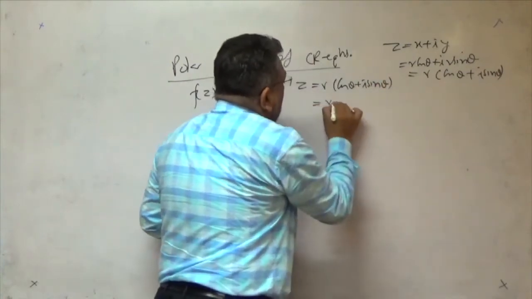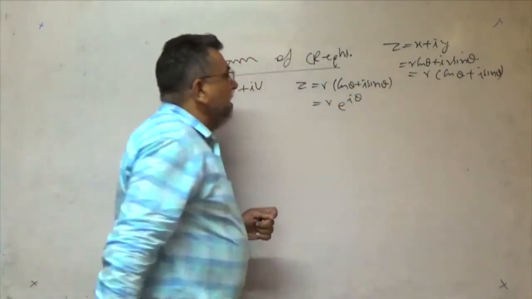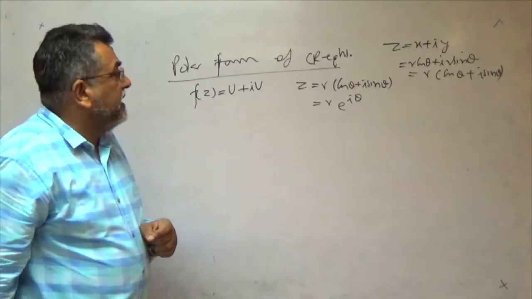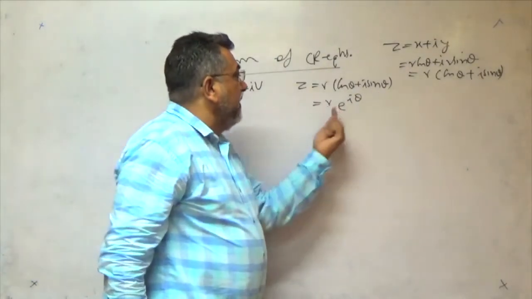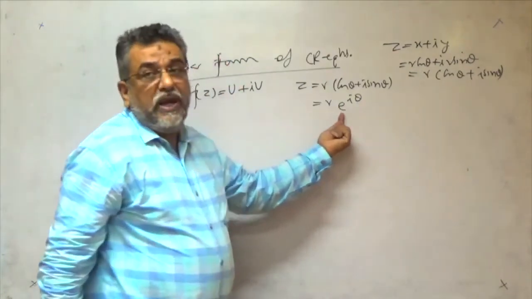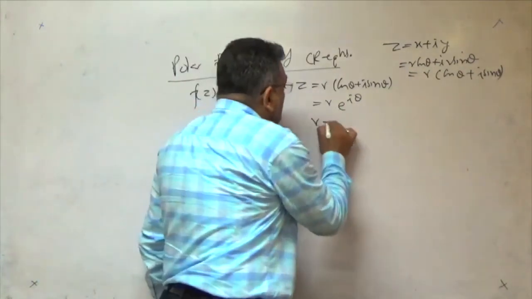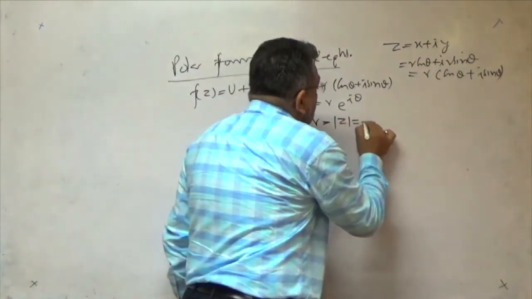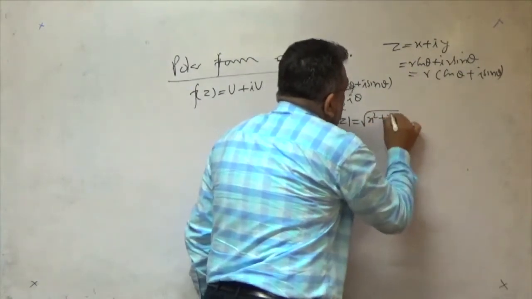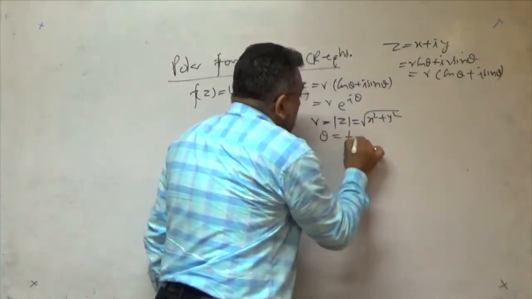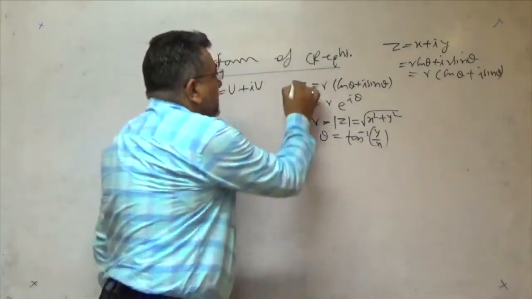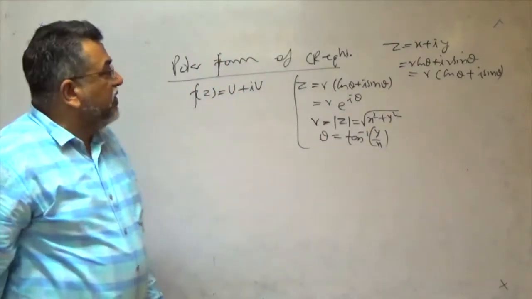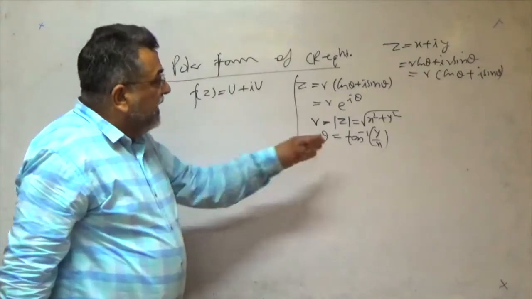That means it can be represented as z equal to r e to power i theta, because you know that by Euler's formula cos theta plus i sin theta can be represented in exponential form e to power i theta. And also you know that r equal to modulus of z, that is square root of x square plus y square, theta equal to tan inverse y upon x. This is the basic transformation of Cartesian form into polar form.